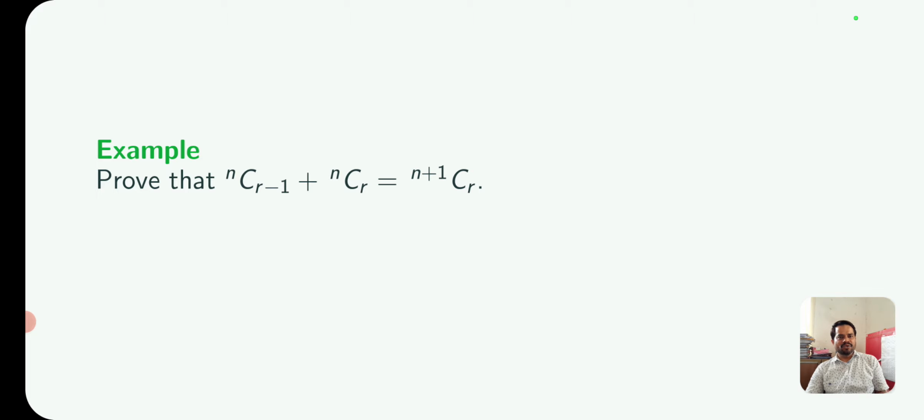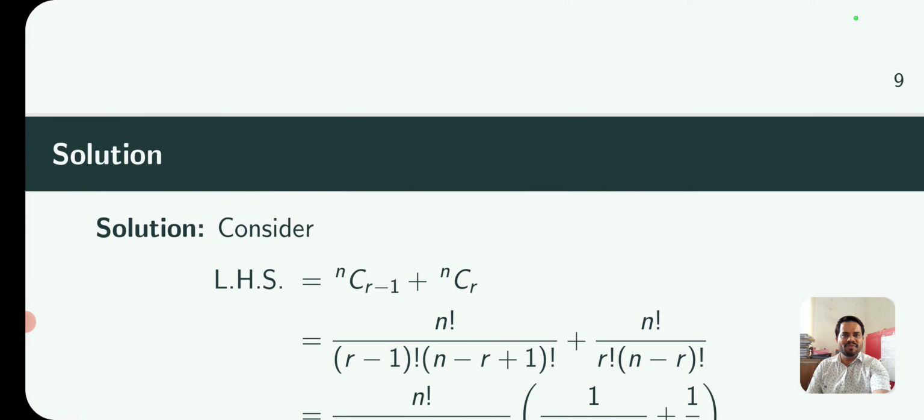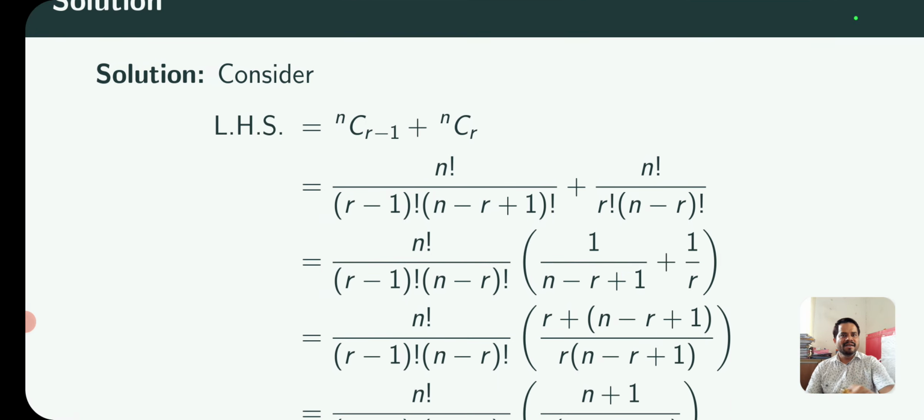So the left hand side is nC(r minus 1) plus nCr, and then we apply the definition of a combination. We get n factorial upon (r minus 1) factorial into (n minus r plus 1) factorial, plus again by the definition, n factorial upon r factorial into (n minus r) factorial.